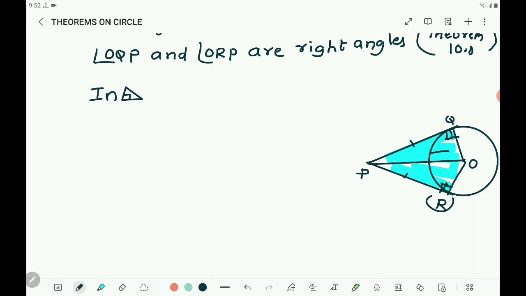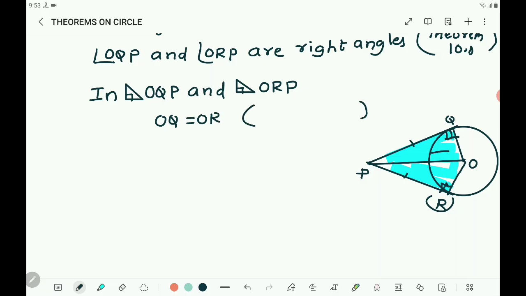In the right angle triangle OQP and right angle triangle ORP, and radii OQ equals radii OR. So write first, OQ equals OR.